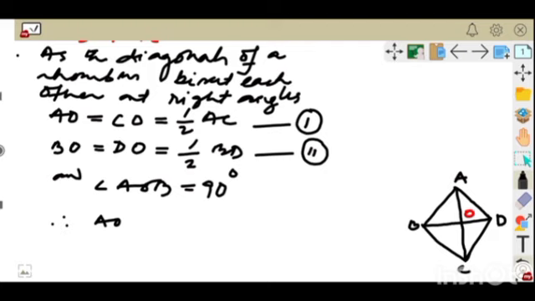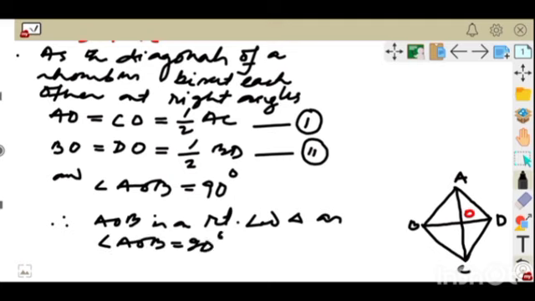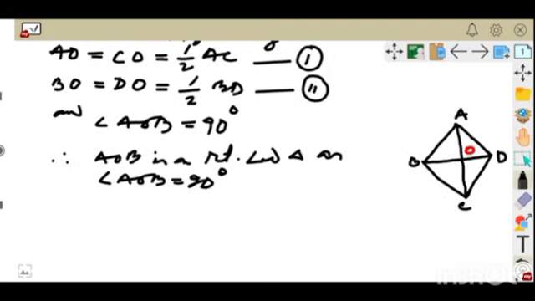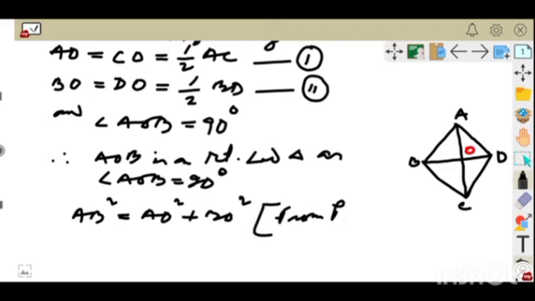Therefore, AOB is a right angle triangle, as angle AOB is 90 degrees. So let us apply Pythagoras theorem. Below this I can write AB square equal to AO square plus BO square, from Pythagoras theorem.